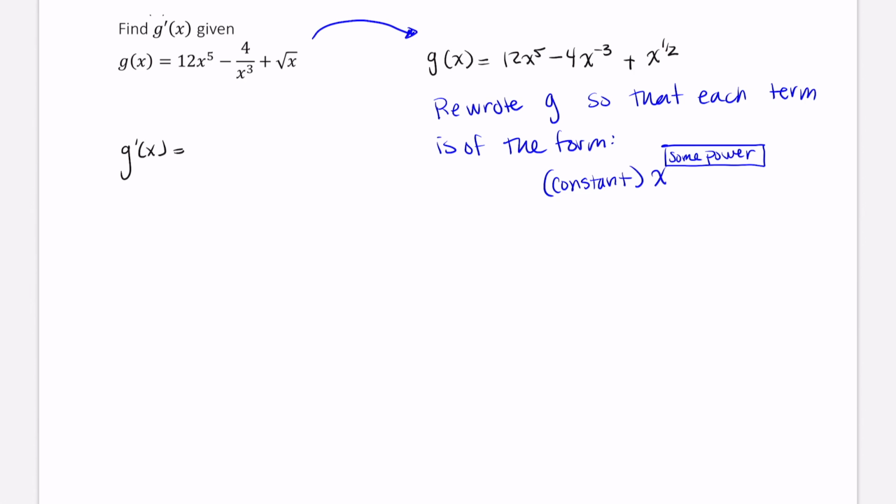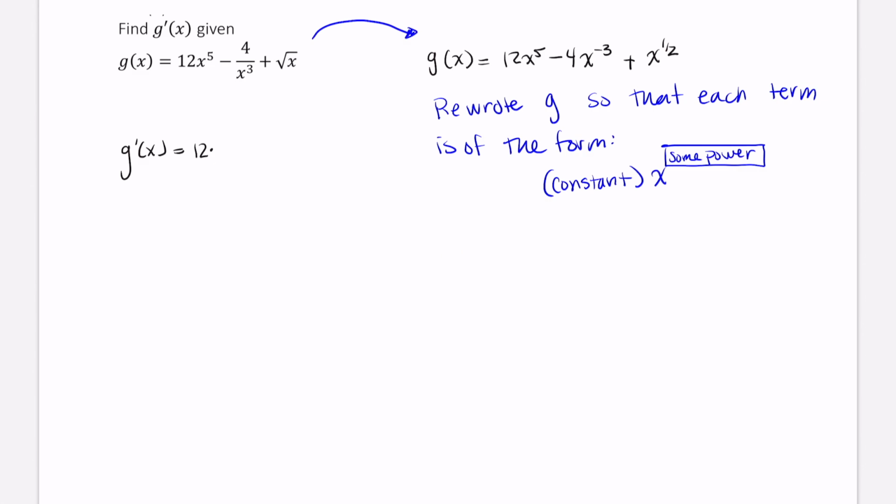Using the power rule now, the derivative of 12x to the fifth power is 12 times, remember the power rule tells us to take this exponent and multiply it to whatever constant's there. If you had just x to the fifth power, the constant in front is technically a 1 and we'd multiply this 5 to 1. In this case, we have a 12.